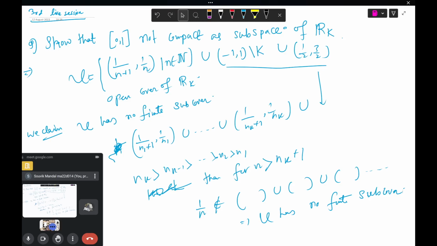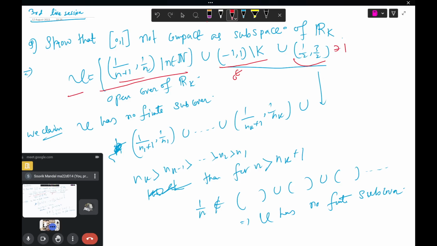So we need to check that [0, 1] is not compact. Basically, we need to find an open cover of [0, 1] which does not have a finite subcover. First we choose the open cover U to be all those open intervals (1/(n+1), 1/n), union (-1, -k), where 0 belongs to this portion, and union (1/2, 3/2), which contains 1.